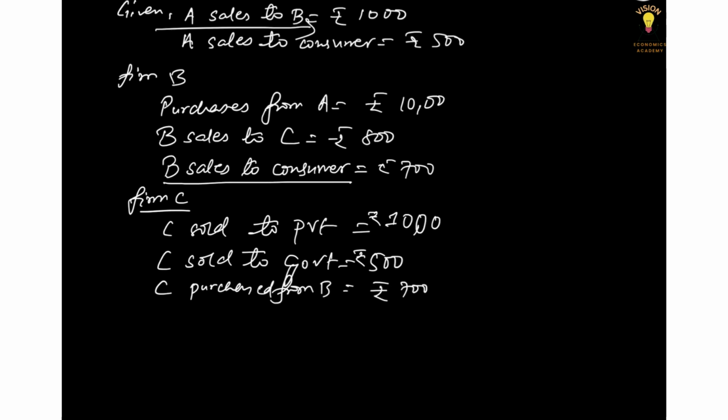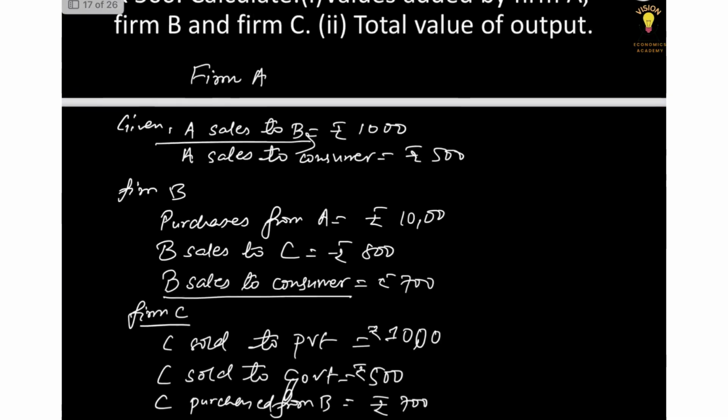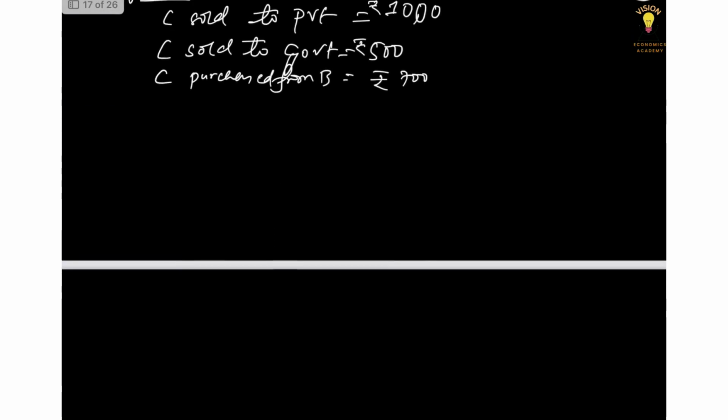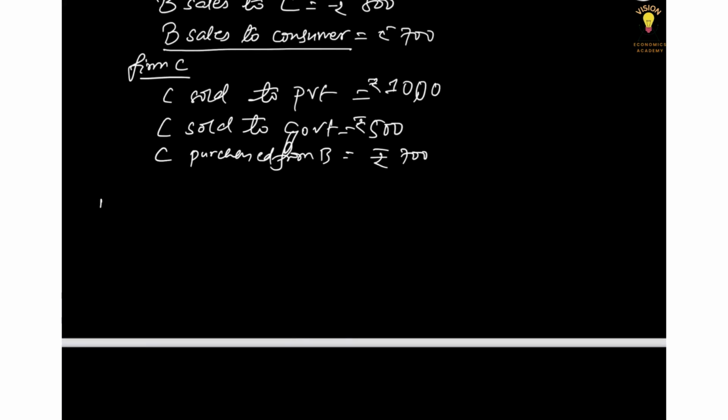All right. Now, what is the question asking? The question is asking us to find the value added by firms A, B, and C. Okay. So, 1. Value added by firm A. Value of output minus intermediate consumption or cost.